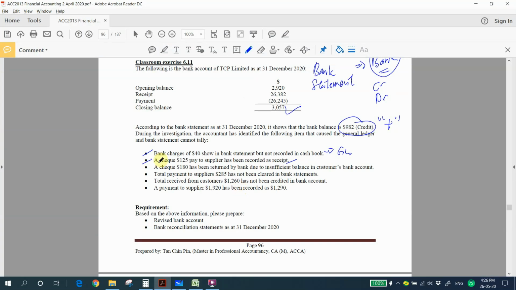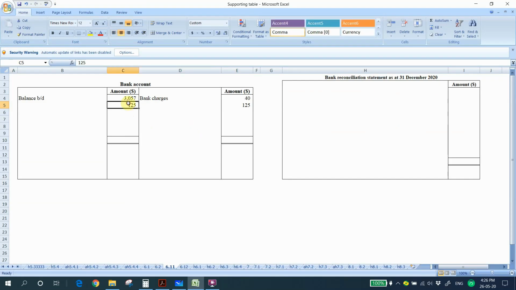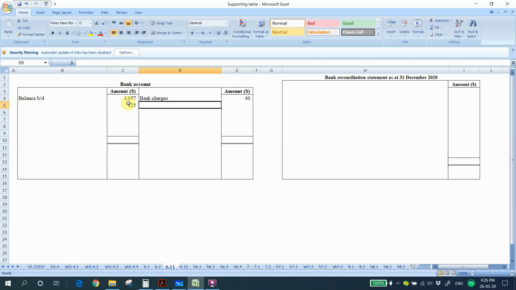I repeat, this second piece of information says that by right, when we pay our supplier, we have to record 125 on the credit side, but we accidentally recorded it as a receipt. If I want to rectify this 125 and make a correct entry on the payment, how do I adjust? The answer is I record 250 on the correct side.